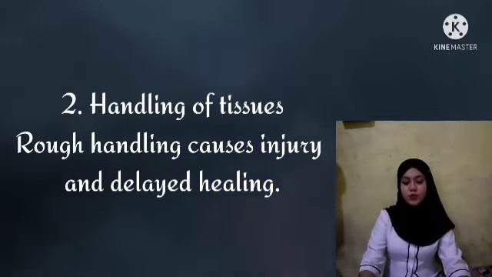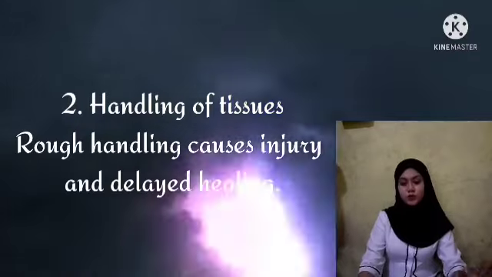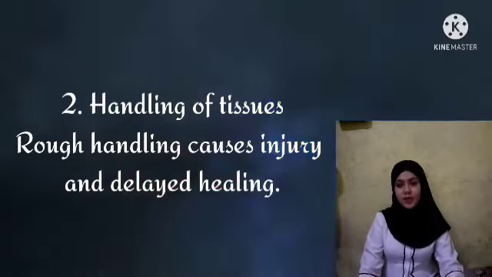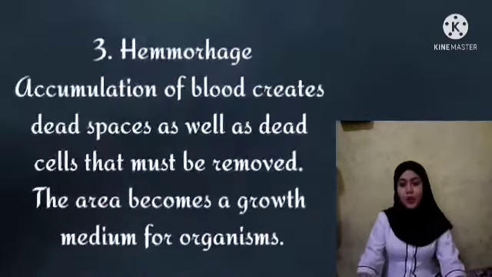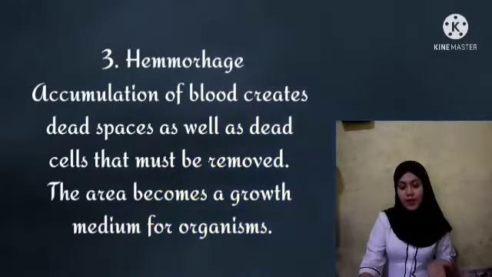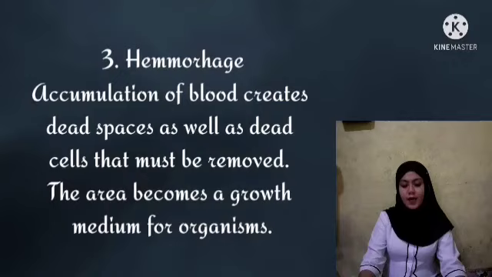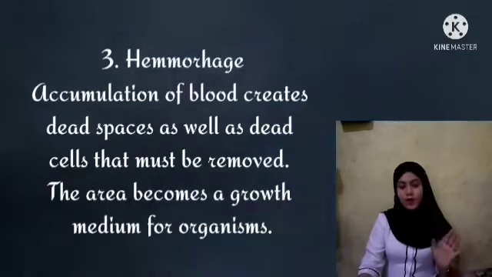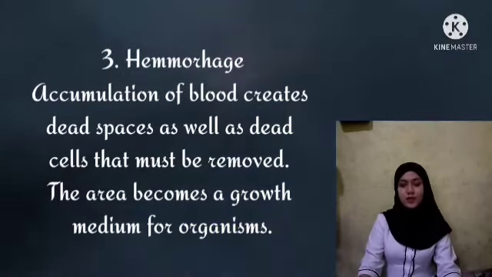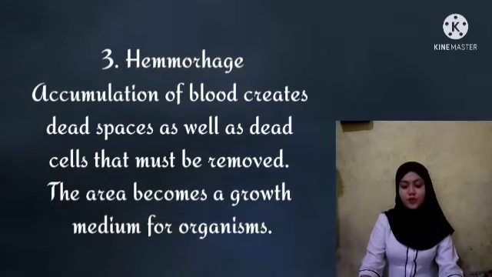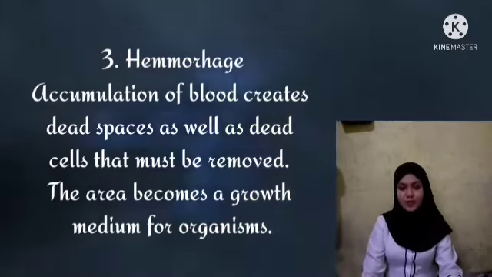Rough handling of tissues causes injury and delayed healing. The third one is hemorrhage. Bleeding, also called hemorrhage, is the name used to describe blood loss. Hemorrhage appears when your skin is cut, scraped, or fractured and the person usually starts to bleed.